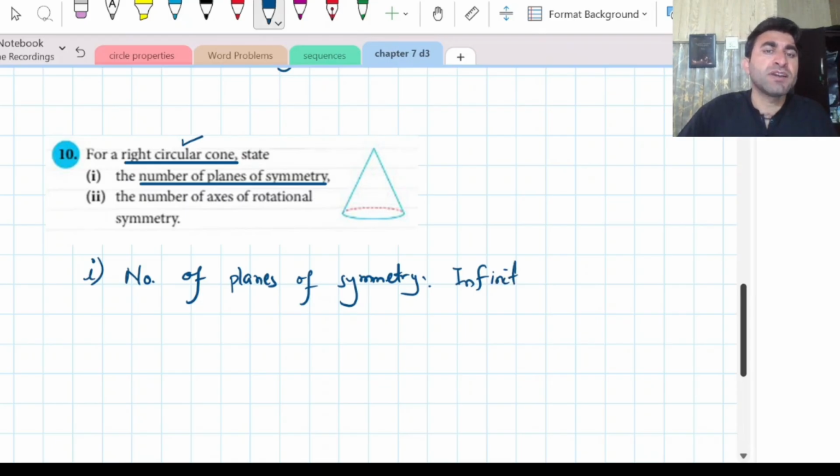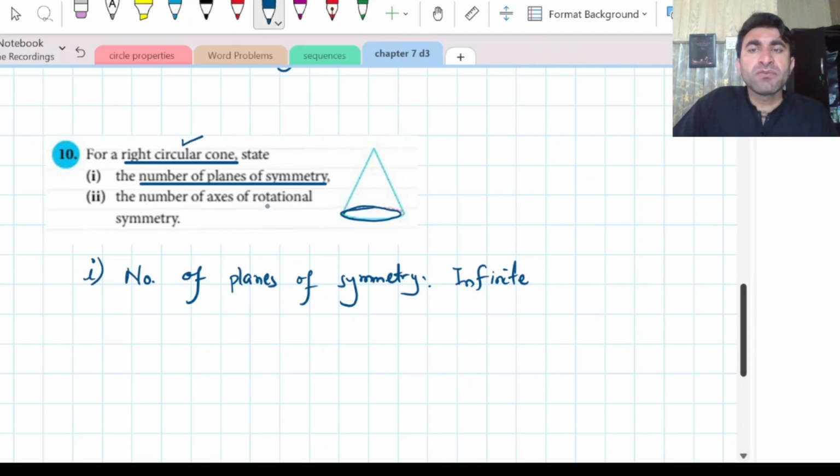Why is it infinite? Because the number of lines of symmetry through its base is infinite. As we see, the base is circular, so the number of lines of symmetry through the circle is infinite, and that is the number of planes of symmetry for a right circular cone.